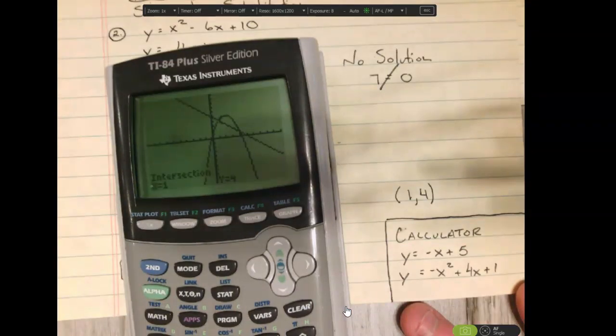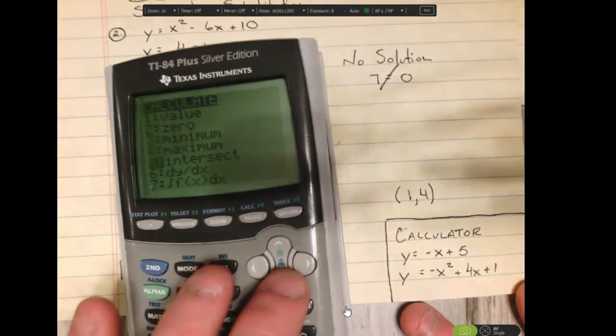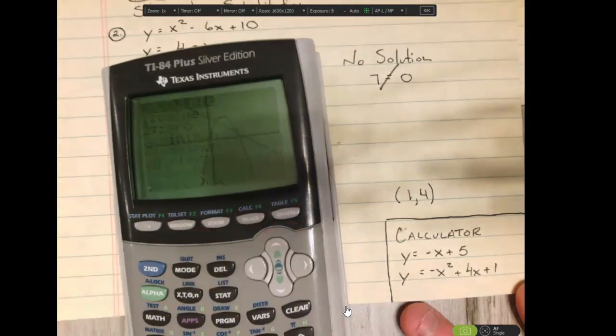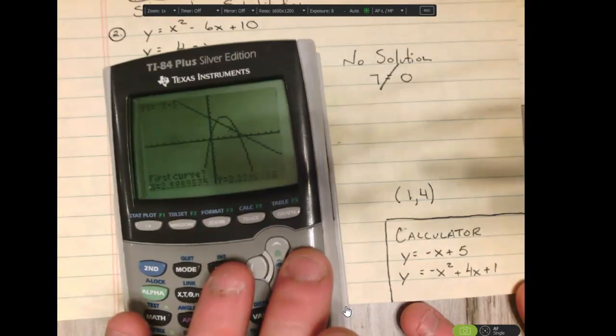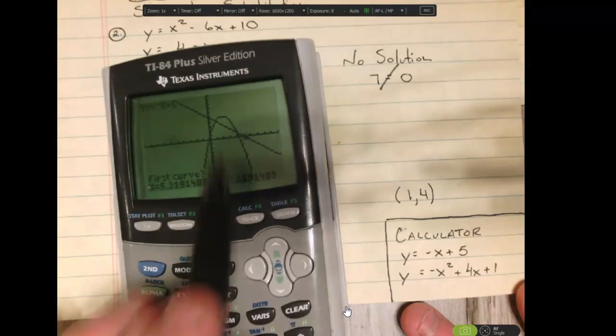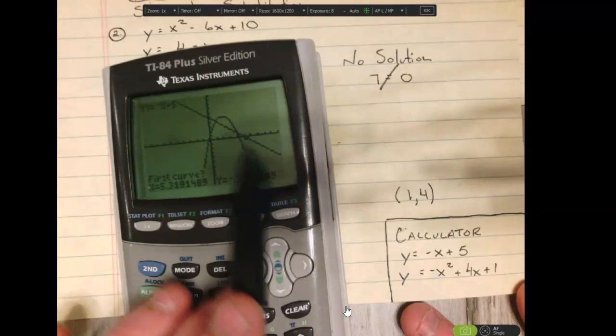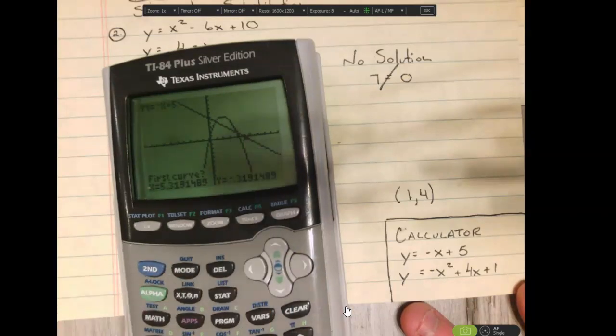To find your second solution, you do the exact same thing. So I'm going to hit second, trace. I'm going to go down to intersect. And then from there, I want my first curve. This time, guys, I'm going to do it to the right of that dot because I want to make sure that it's focusing on the dot that's closest to this right side over here. So I'm going to hit enter.